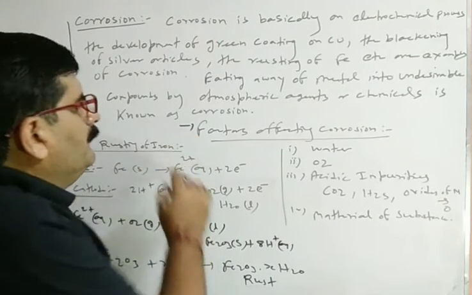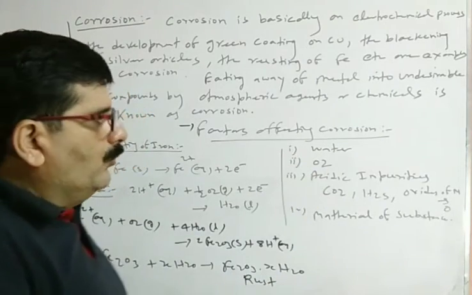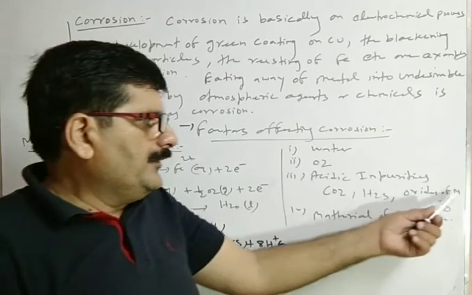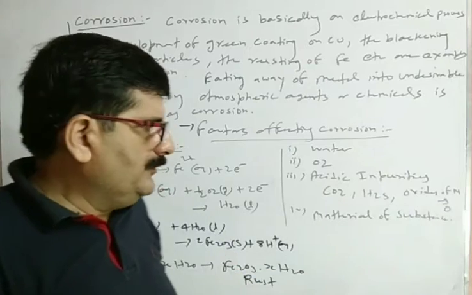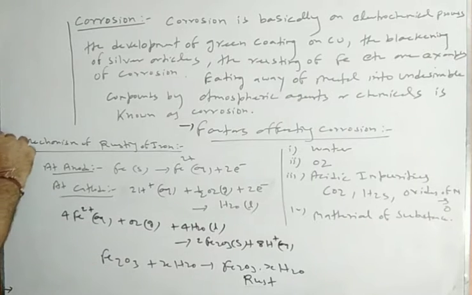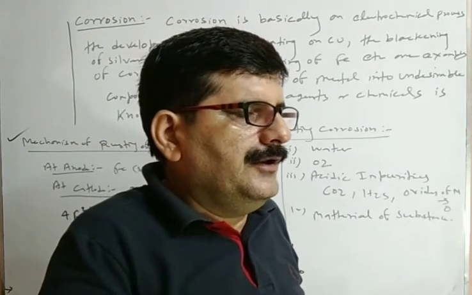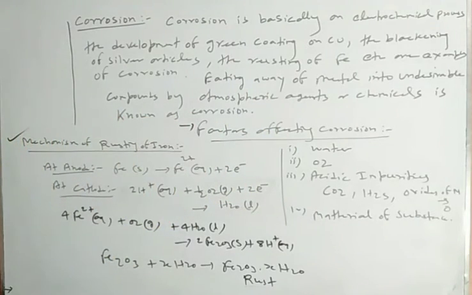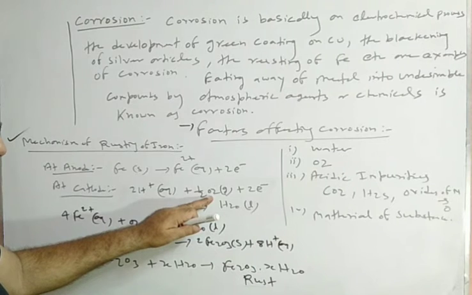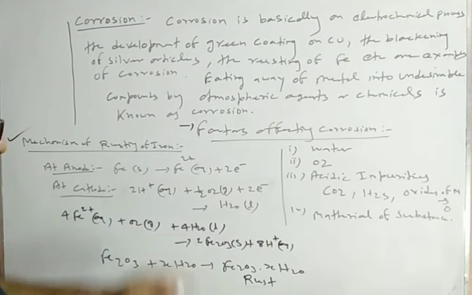Corrosion depends upon the following factors: water, O2, presence of impurities, acidic impurities such as oxides of nitrogen, and the material of the substance. At last, a very important concept: the mechanism of rusting of iron. In rusting of iron, first of all, iron is converted into Fe2+. This reaction is treated as the anode. At the cathode, hydrogen ions accept electrons with oxygen to convert it into water.